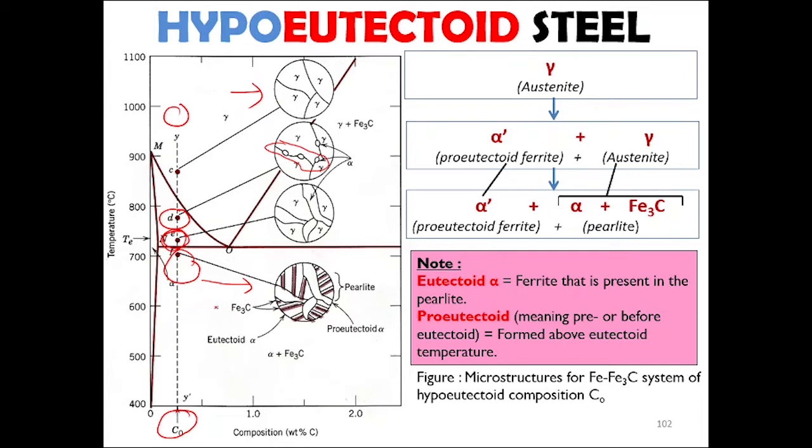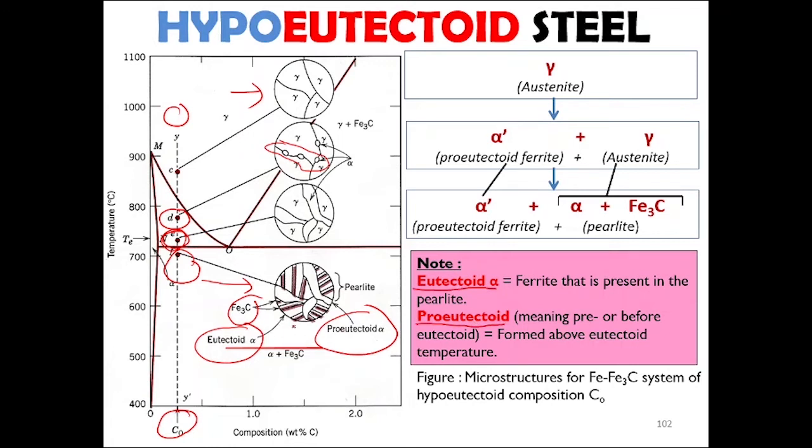You can see the proeutectoid ferrite in the grain boundaries has become large, and then the cementite and ferrite are in a lamellar structure. You need to know the difference between eutectoid alpha or eutectoid ferrite and proeutectoid alpha or proeutectoid ferrite.